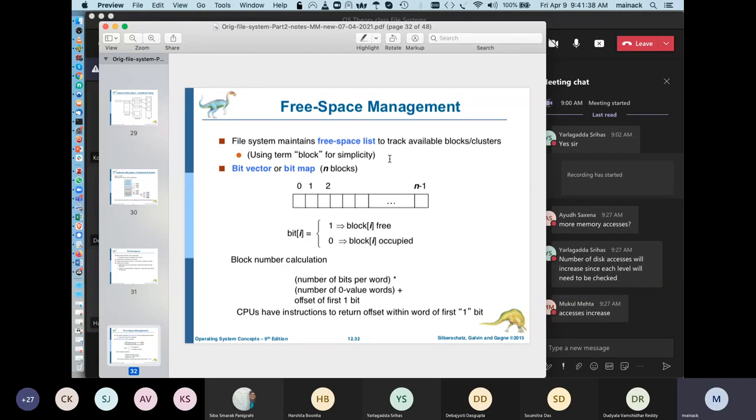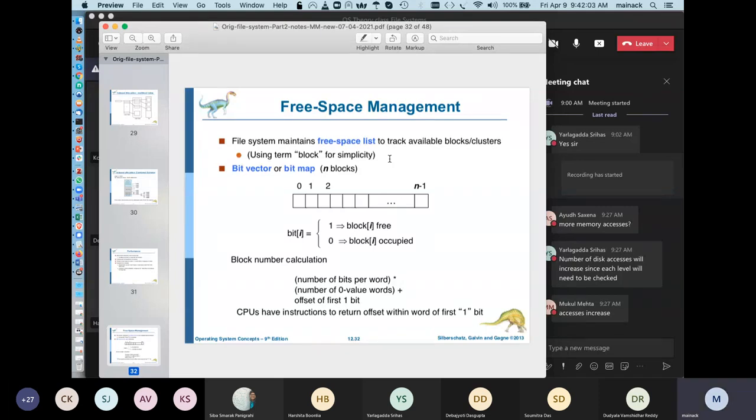Free space list is nothing but whatever is not used now. Whenever the operating system gives free space to a file, it removes it from the free space list. So to create a file, the operating system searches the free space list for the required amount of space and allocates those blocks to the new file.